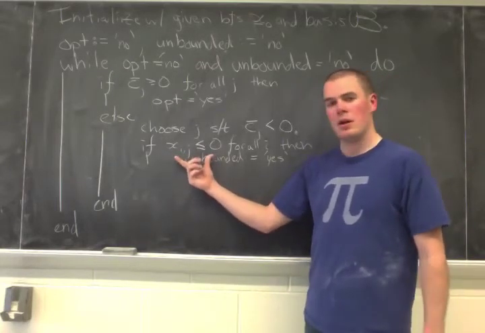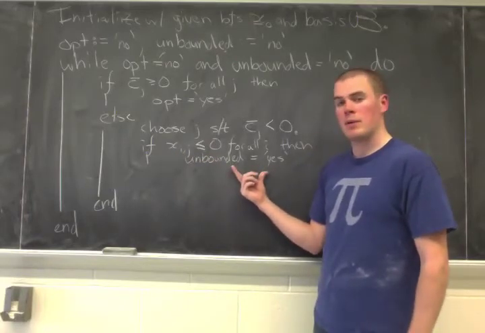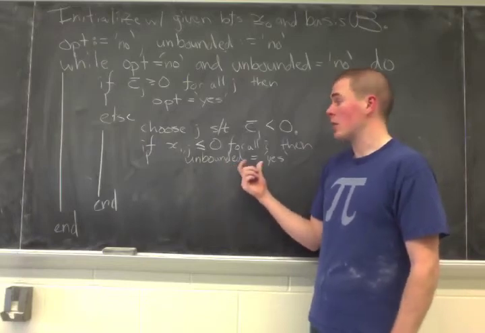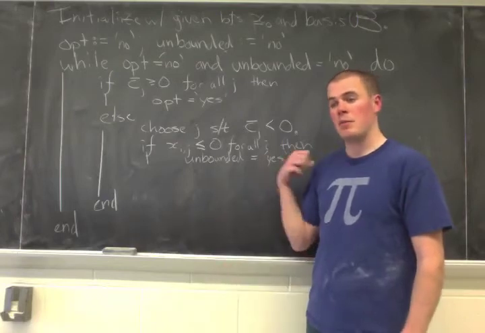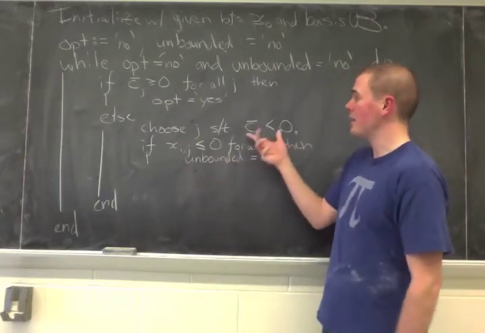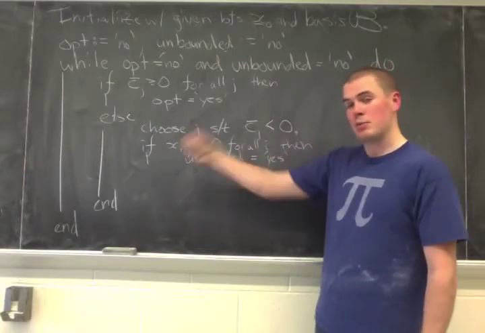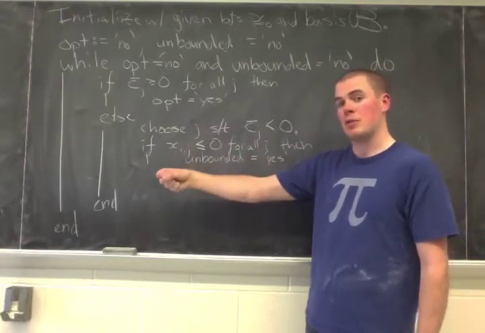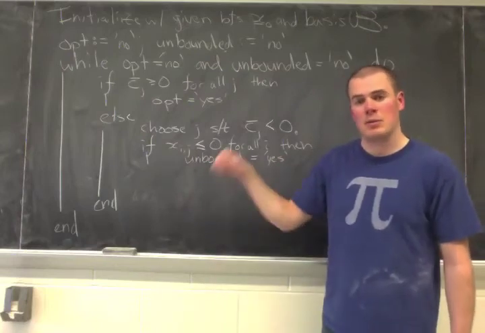If they're all non-positive, then we can mark unbounded to be yes, because when we do the pivot, we're going to compute theta 0 and find out that it is infinity, which means that I'm unbounded in this direction, and because I have strictly less than 0 relative cost, as I do these unbounded direction movements, I'm going to reduce my cost an infinite amount, as much as I want.